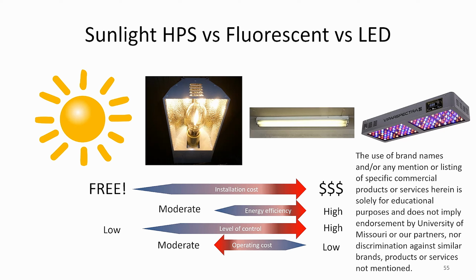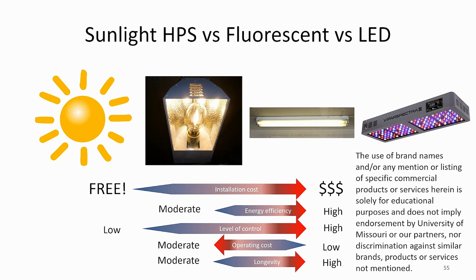Because LED lamps are more energy efficient, they have lower operation costs than the other two types of lamps. Obviously, sunlight is free, just keep that in mind. And then longevity: LED lamps tend to last longer than both fluorescent and HPS, but fluorescent lasts longer than HPS. HPS is the one that lasts the least of those three types of lights.